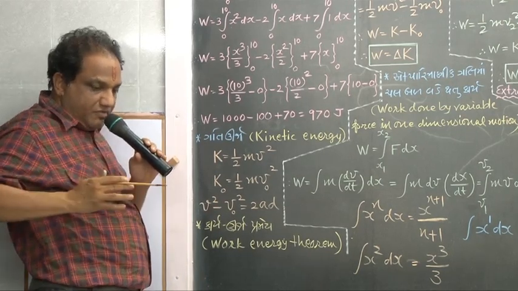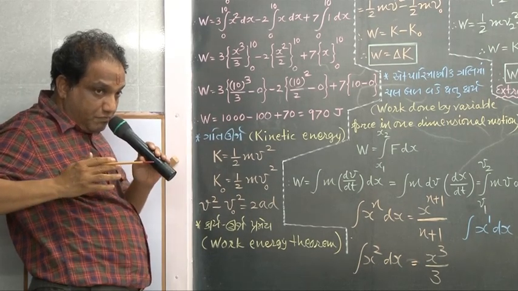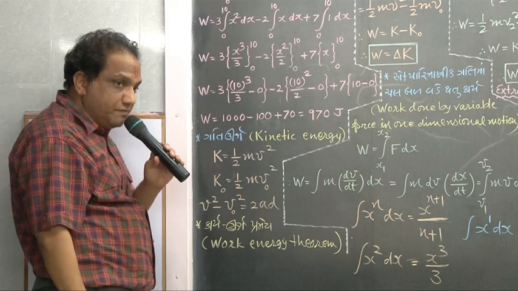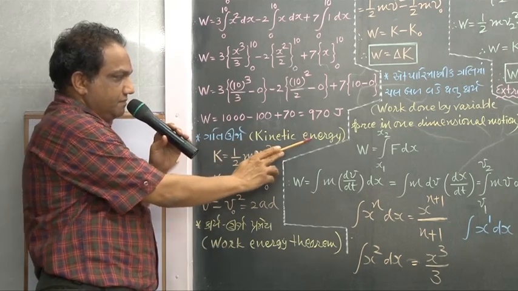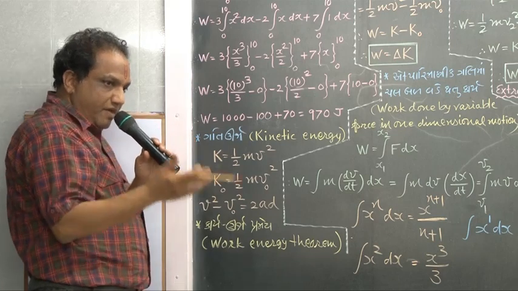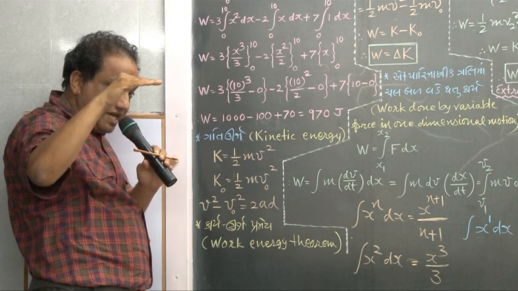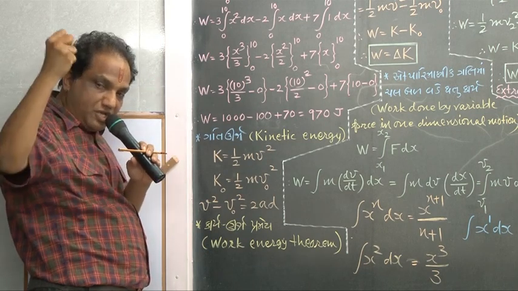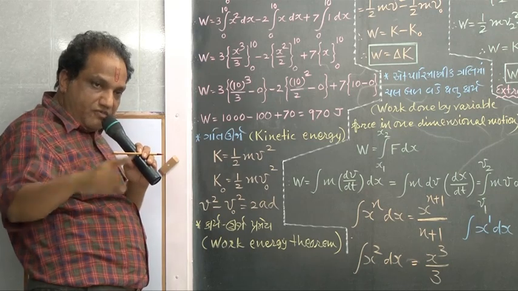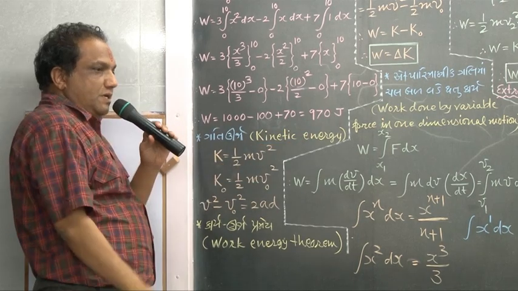If the capacity of doing work is possessed by the body due to its motion, then that energy is known as kinetic energy. If the capacity of doing work is possessed by a body by virtue of its typical state, condition or configuration, we say it has potential energy, about which we will talk later on. Right now we concentrate on kinetic energy.